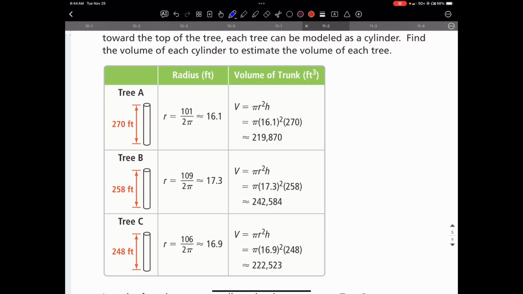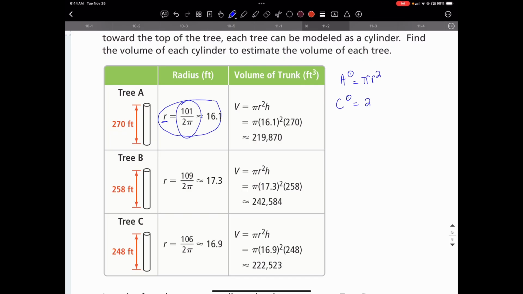But how did they get this here? We know that's radius. What about that? So if you recall, the area of a circle is pi r squared. But what about the circumference of a circle? Do you remember what that is?